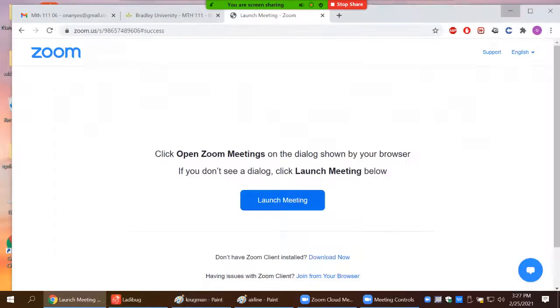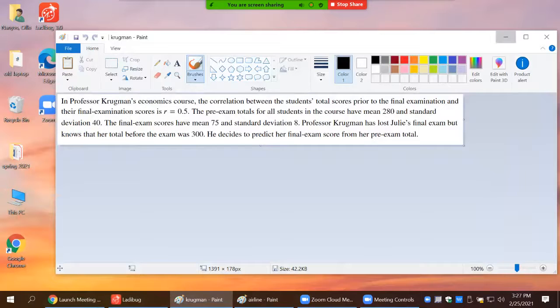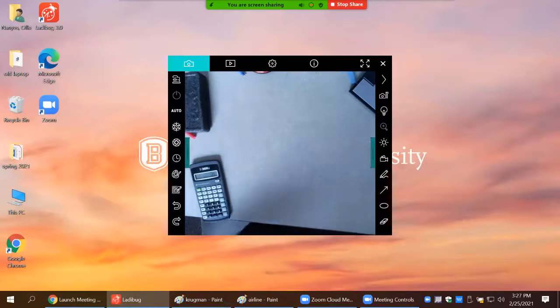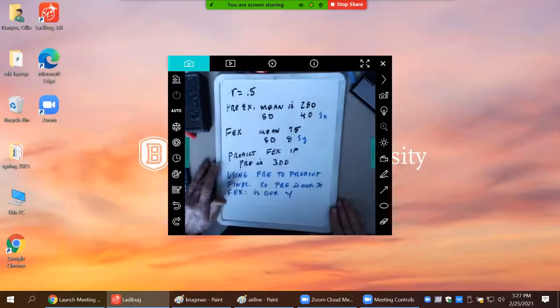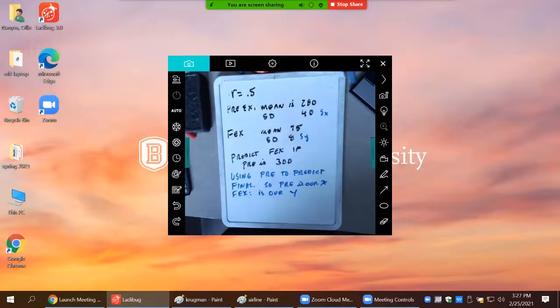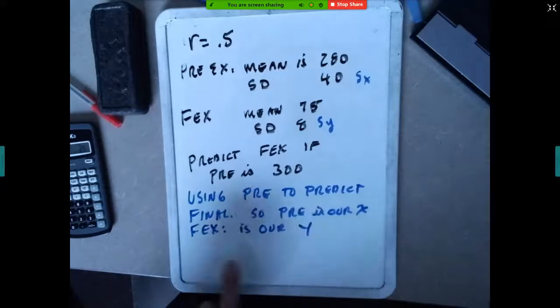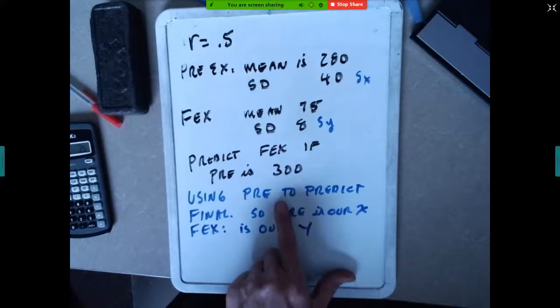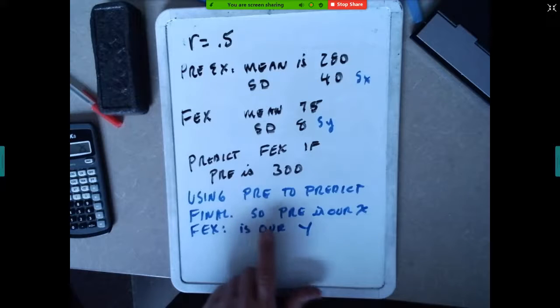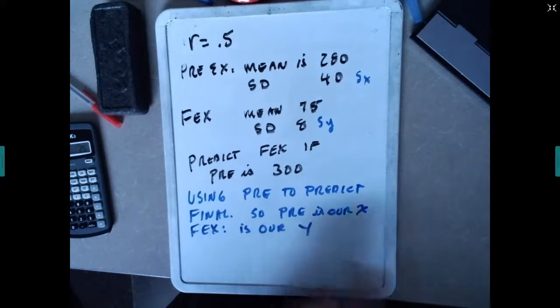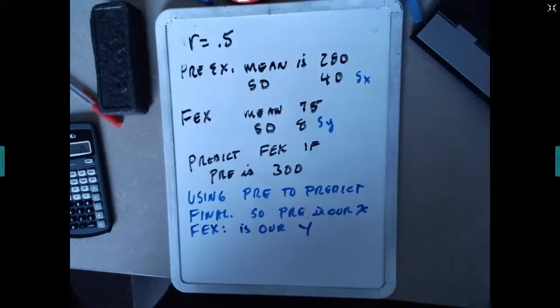So going onto the whiteboard, and let's go to our ladybug. I have this written down, okay? And here's the thing. He's using the pre-test to predict the final. So the pre-test is the X, the final exam is the Y. And all I did was write the stuff down on the whiteboard.